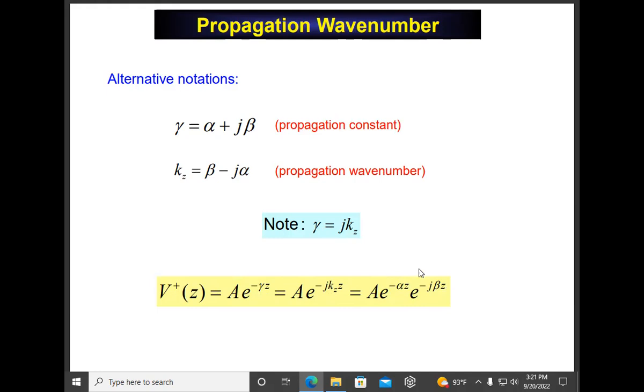For right now, let me stick with this one. In later notes, when we're doing Smith charts and various things like that, it'll be more common to use this notation. In fact, most people, including me, prefer the propagation wave number notation when you have a perfectly lossless line. But for a lossy line, I like the gamma notation. That's just my personal preference.